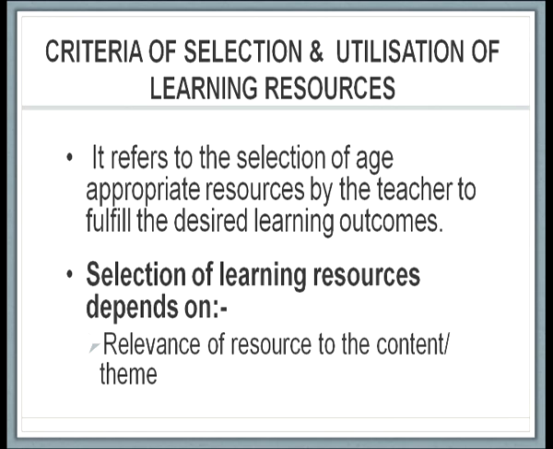Let's go further. Now, what should be the criteria of selection of learning resources and what should be the criteria of utilization of learning resources? As a teacher, we need to be very careful to select the learning resources according to the age of the child, according to the development of the child. Every child's need is different. Every child's learning style is different.